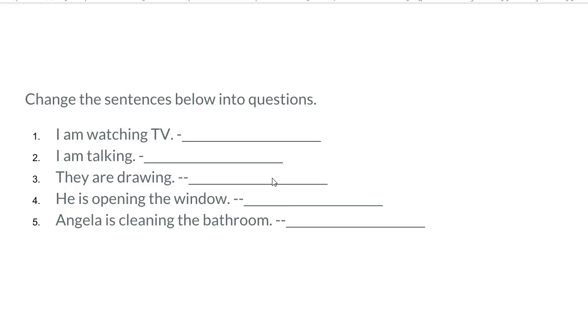Okay. So we need to think of the inversion whenever we are using a helping verb. So change the sentences below into questions. These were the same sentences we used in the negative, changing the sentences into negative. Now I'm using the same exercise but for a different reason, which is changing them into questions. So, I am watching TV.